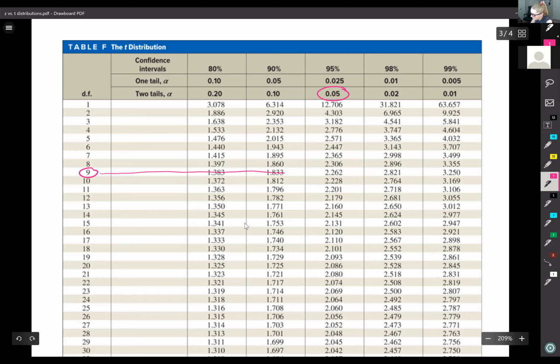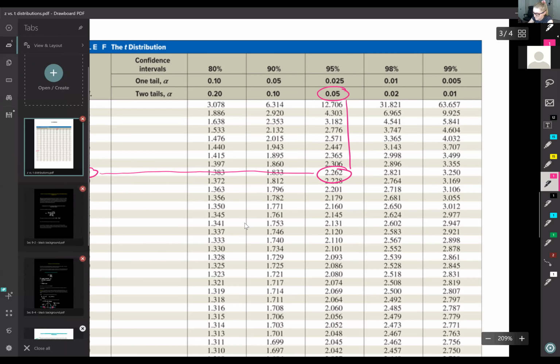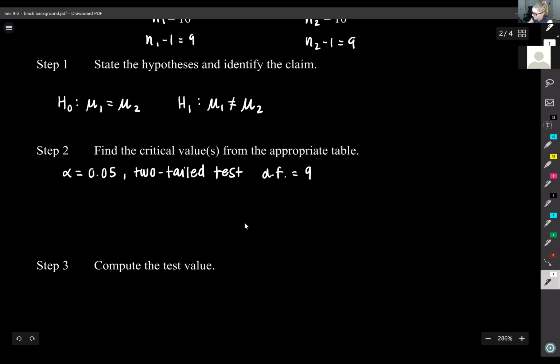So where these meet, my critical values are 2.262 and negative 2.262. So it's plus and minus 2.262. Like usual, I'm going to draw a nice little chart.